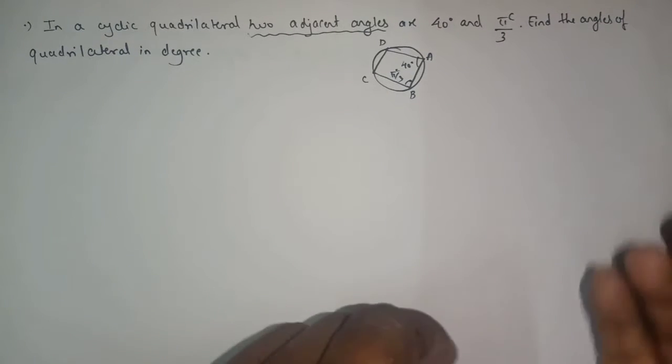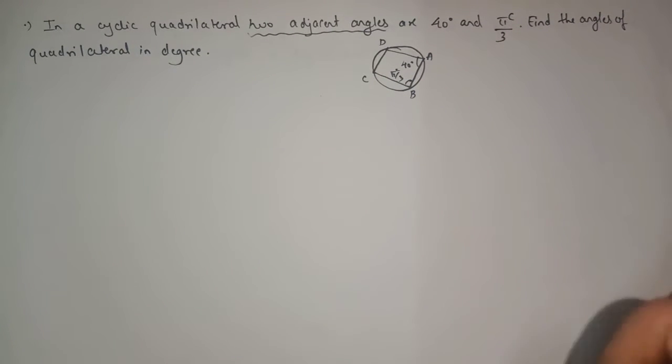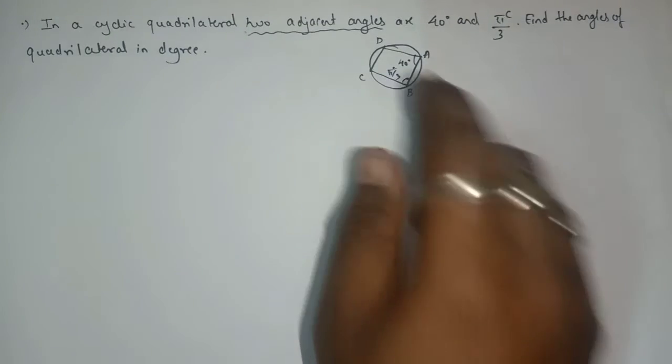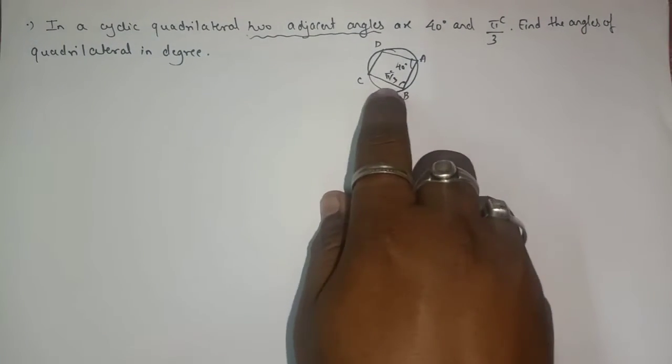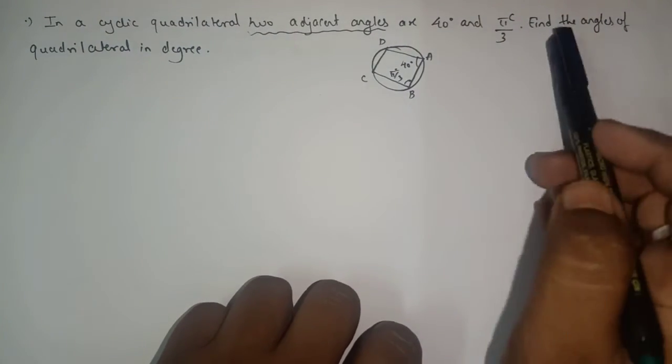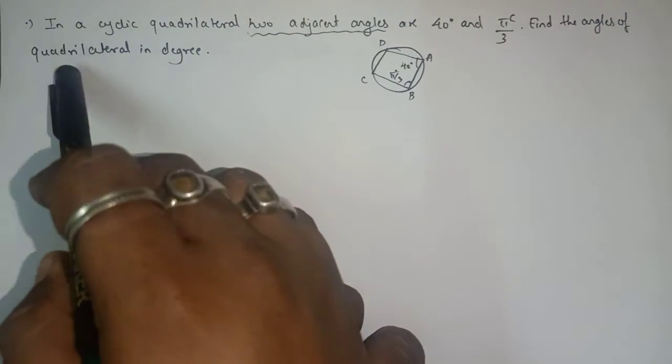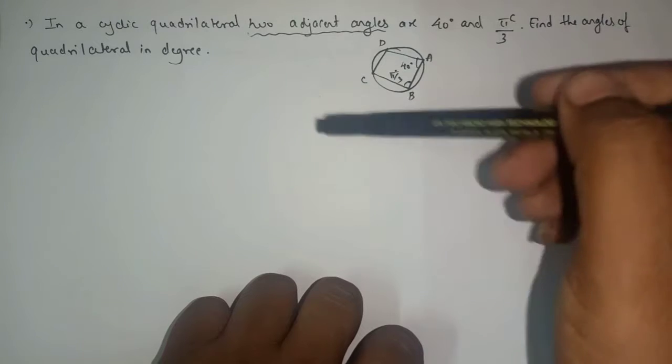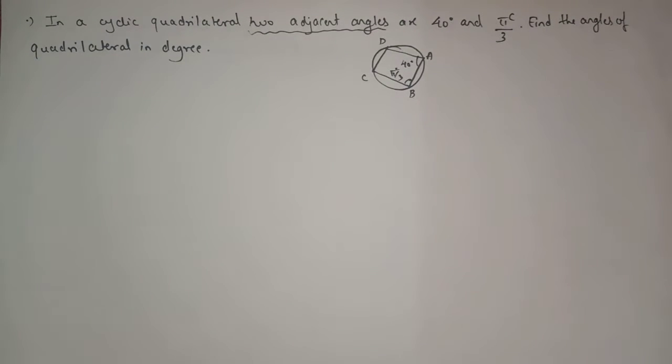Of course, we are comfortable in solving the sums with respect to degree, so we'll convert this angle B into degree. Then we have to find the remaining angles of the quadrilateral in degree. So the final answer should be in degree only.